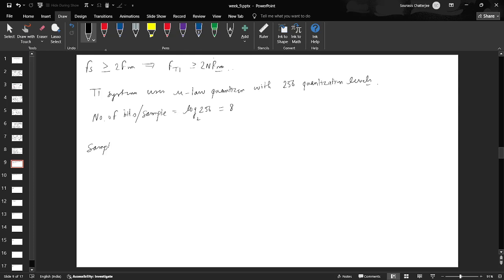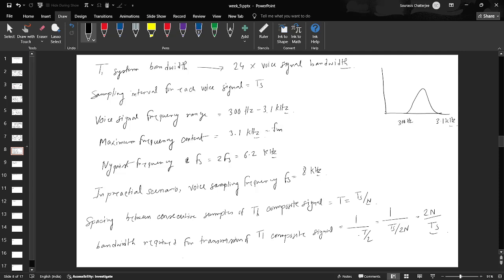So we have seen the sampling frequency for a voice signal. What is that? Fs is given as 8 kilohertz. Okay, here I have forgotten that Ts is the sampling interval here, so there should not be any 1 over 2n, because that is already factored in Ts here.